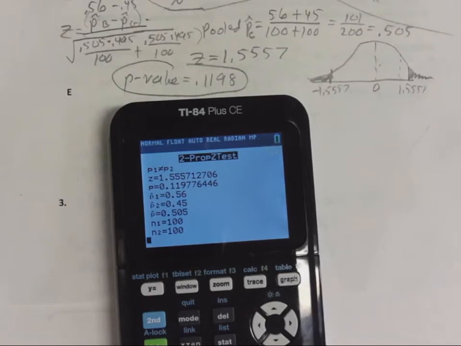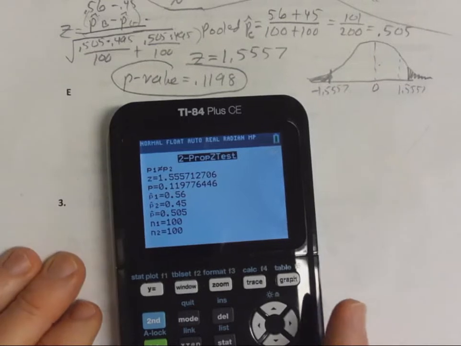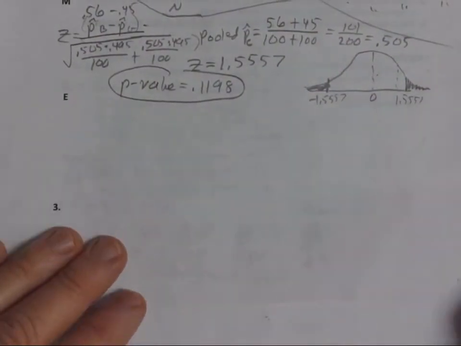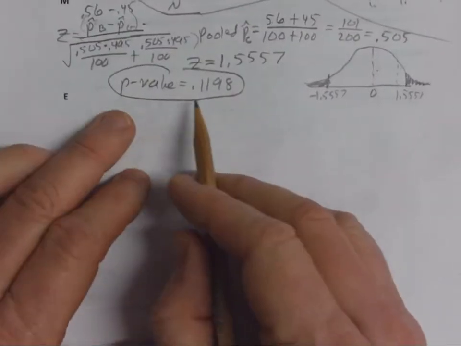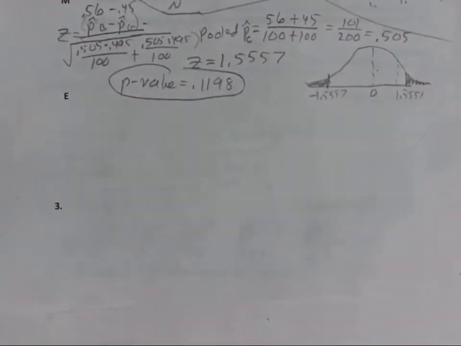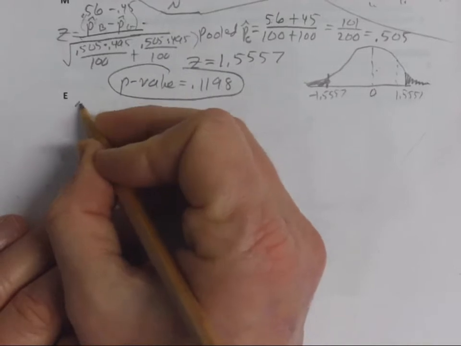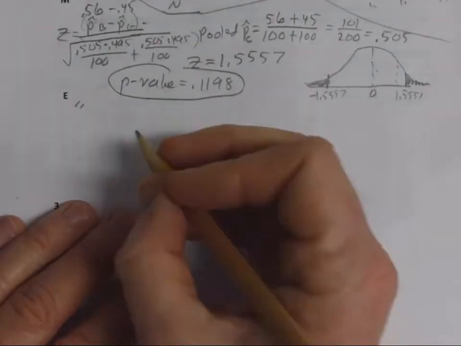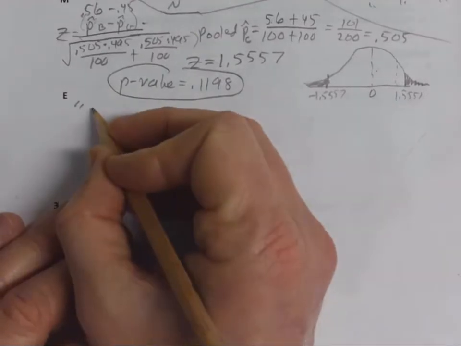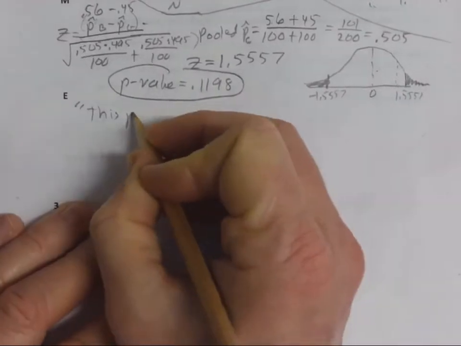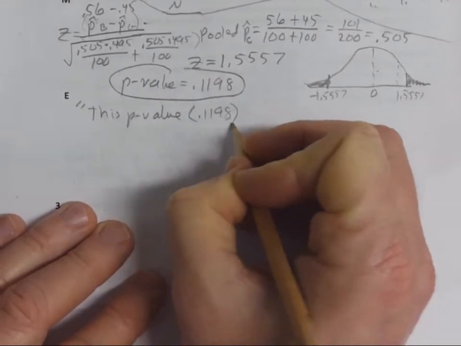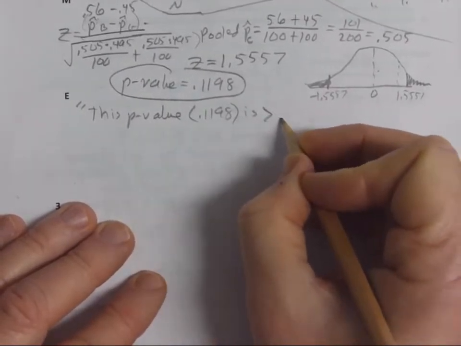So anyway, there is my p-value. Now, the p-value statement we're going to the conclusion with is just like last chapter. So hopefully you're getting good at saying our 3 little statements here. This p-value, 0.1198, is greater than our alpha.